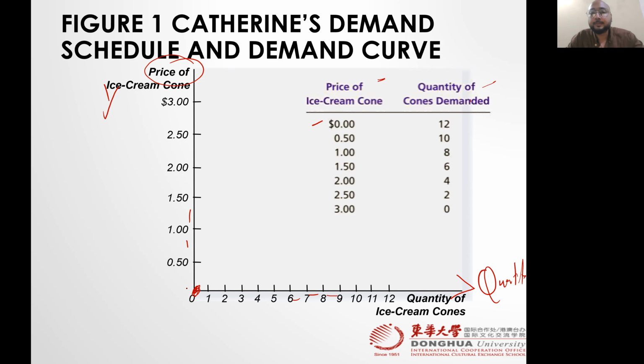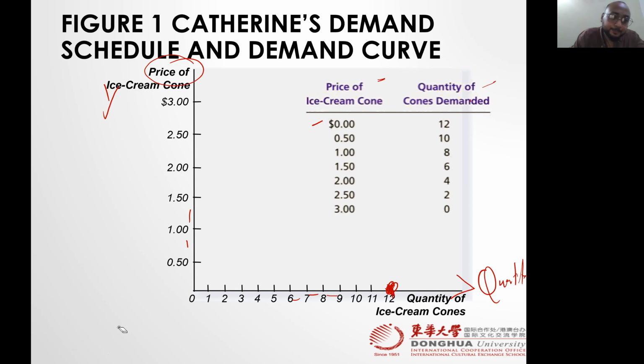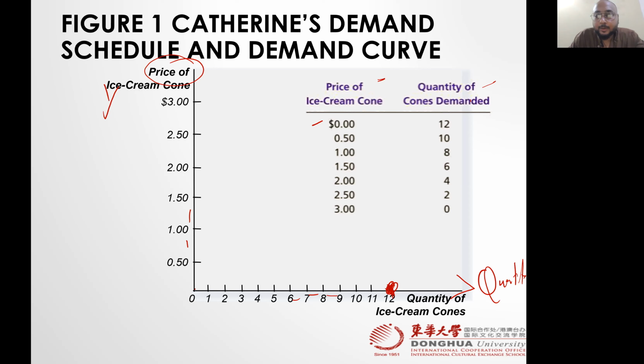Quantity is 12. So this is the interval. You need to see that. At price 0, 12 quantity. So this is the interval.